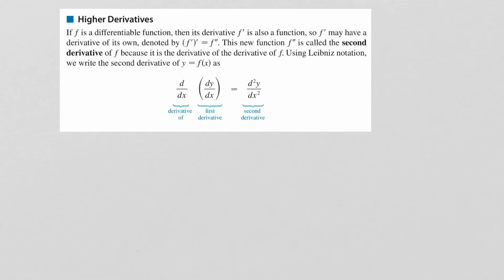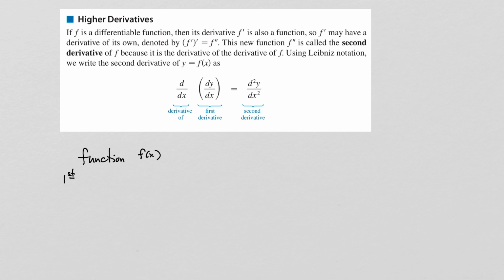Now let's talk about notation for higher derivatives. So one way to notate a higher derivative, that is if you want to take a derivative of your derivative, is you just get this double prime notation. So let's say we have a function f of x.